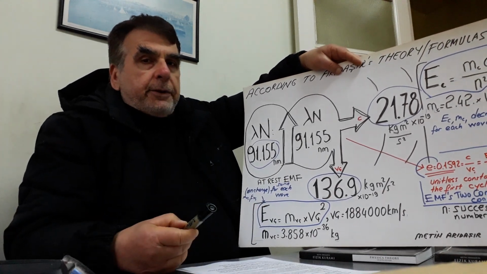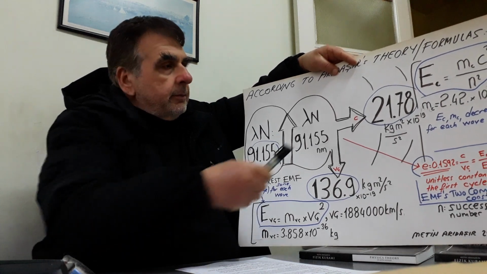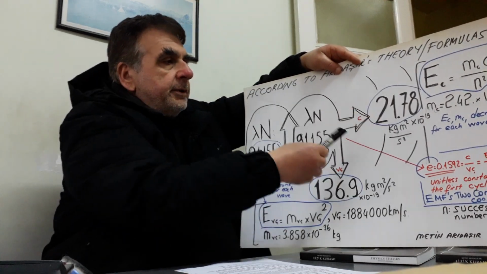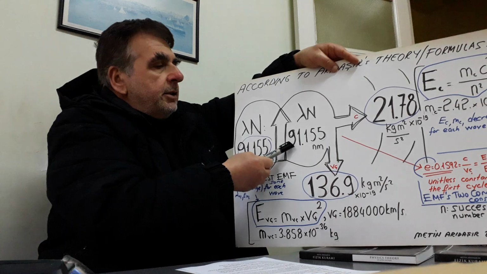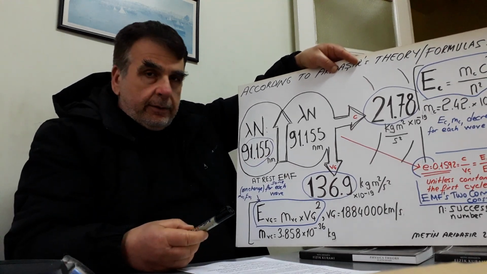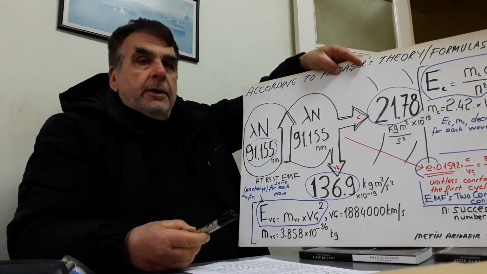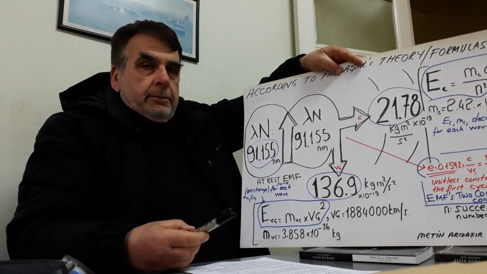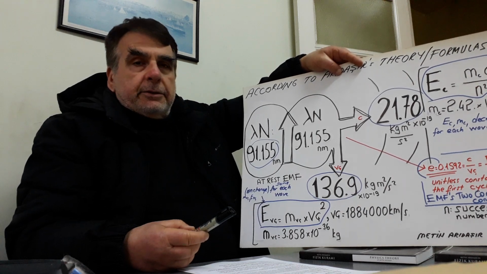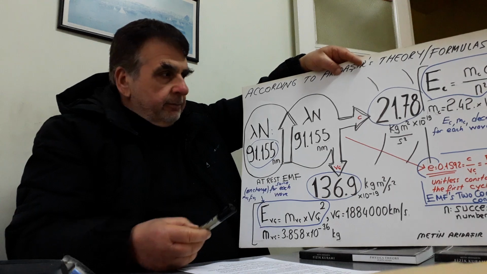I have told you before, C component mass for the 91.155 nanometer wavelength size electron motion form, that is the most common wavelength size kind of electron motion form in our universes and in atoms.